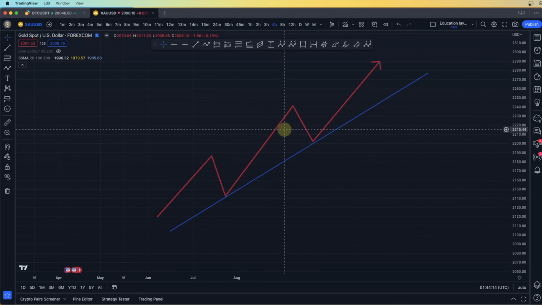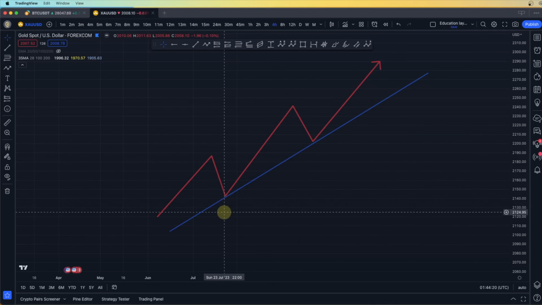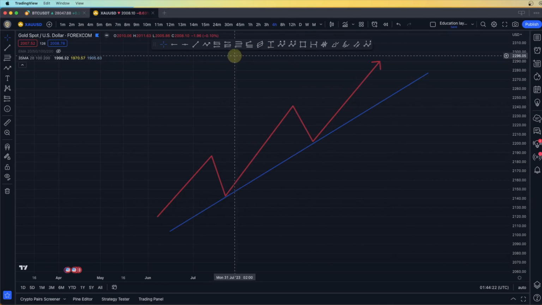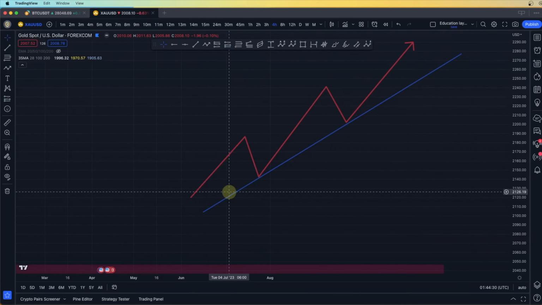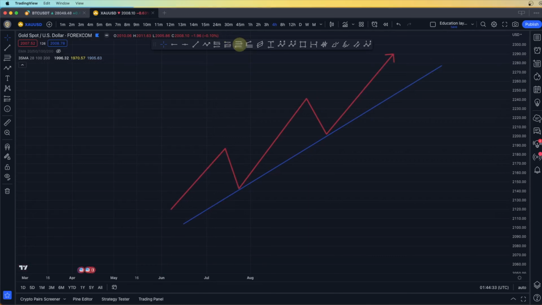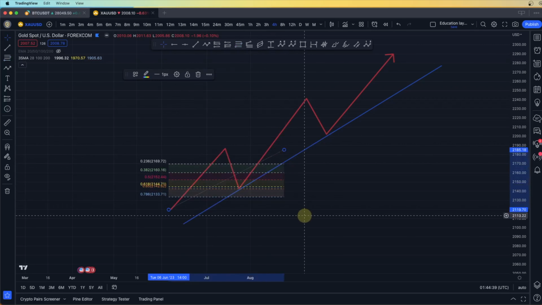When the market is going up, we have one impulse move up, then a correction, right? If the correction is at a fibo level, for example, I'm going to look for buyers in this area.